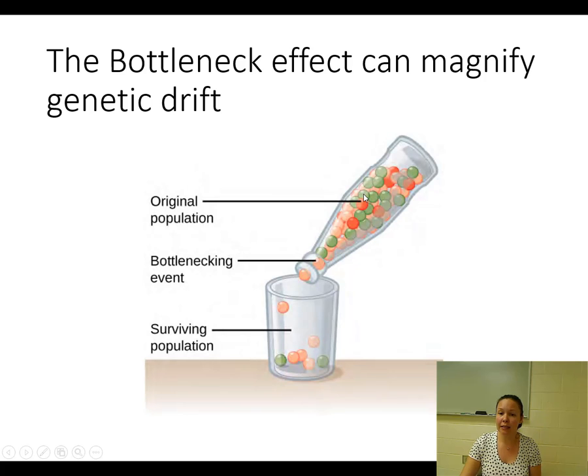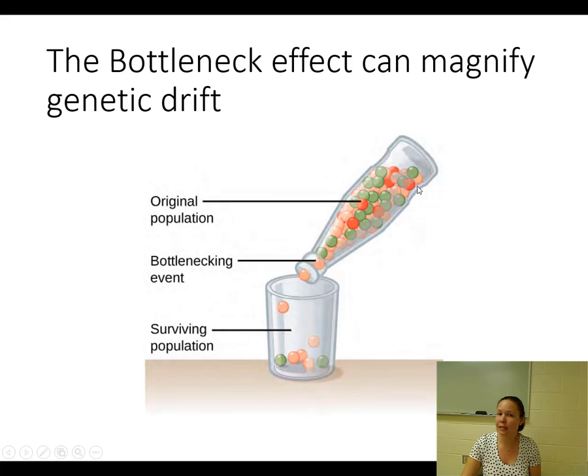So let's say the past population has these colored marbles, these light orange colors, darker orange colors, and these green colors. Let's say in the original population, there were a lot of the light orange, lots of the green, and only a few of the dark orange. So if you flip that bottle and you allow 6 or 7 marbles to come out, for example, will that be representative of the original population?